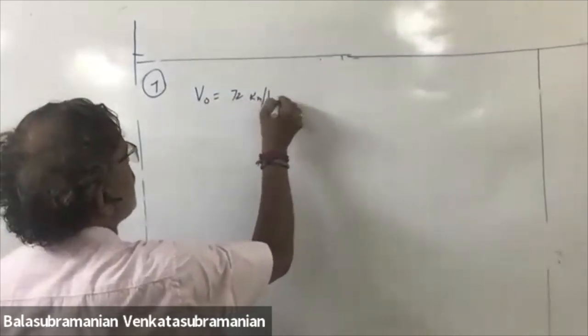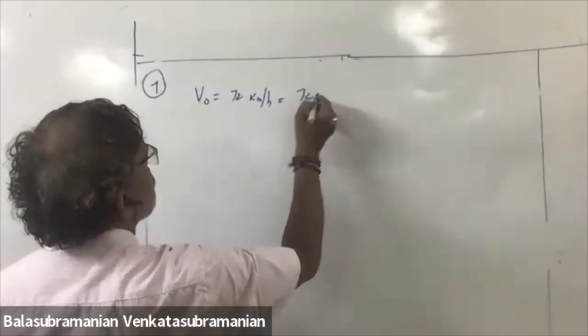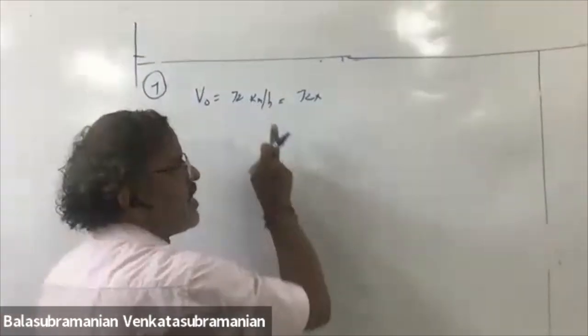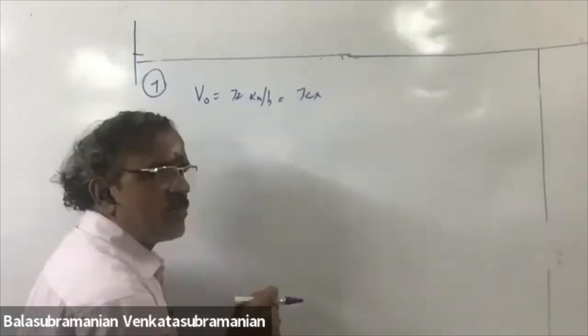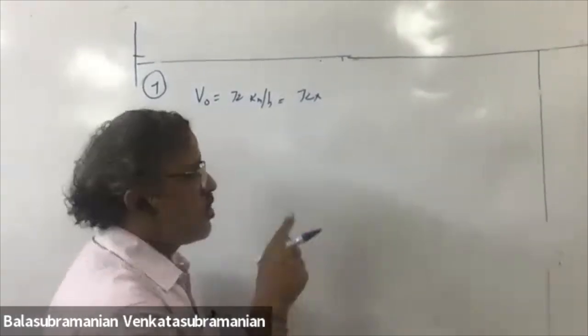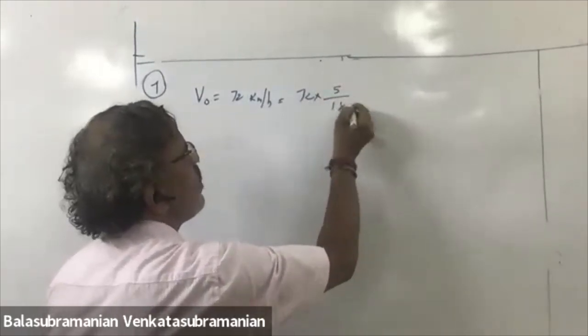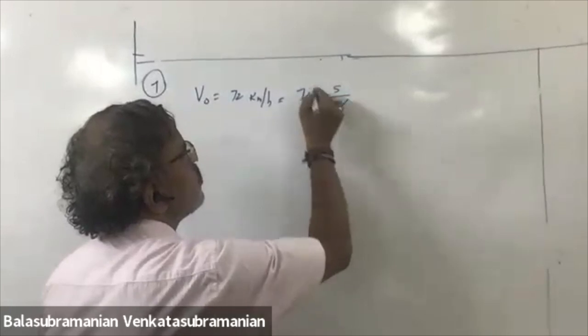72 km per hour into meter per second is 72 into 5 by 18. 1 kilometer is 1000 meter. 1 hour is 3600 seconds. So 72 into 1000 by 3600 simplifies to 5 by 18. So 4 times.